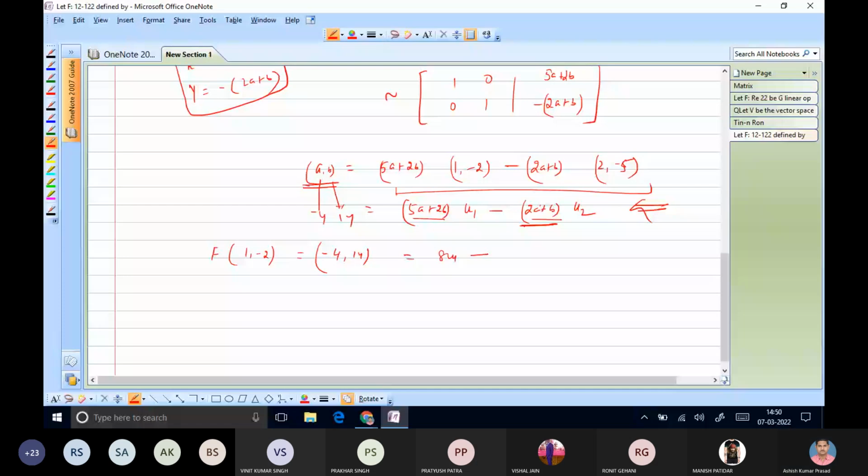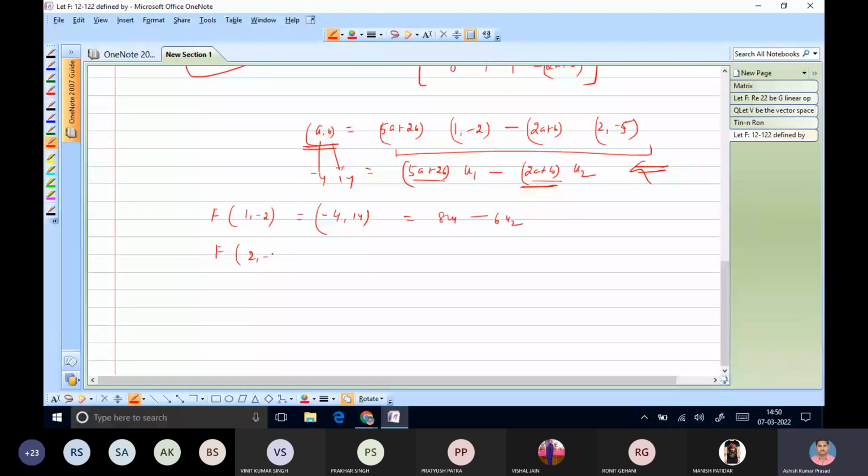Am I right? Then you find the f image of the other vector u2. u2 is (2, -5).